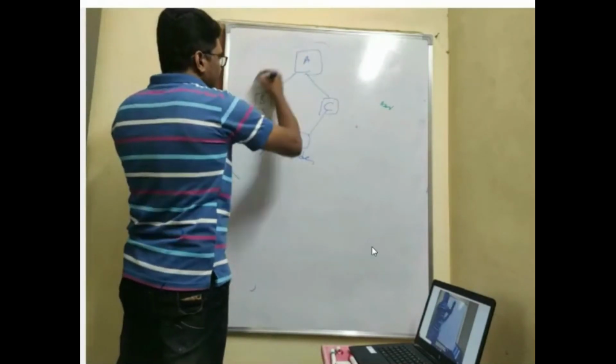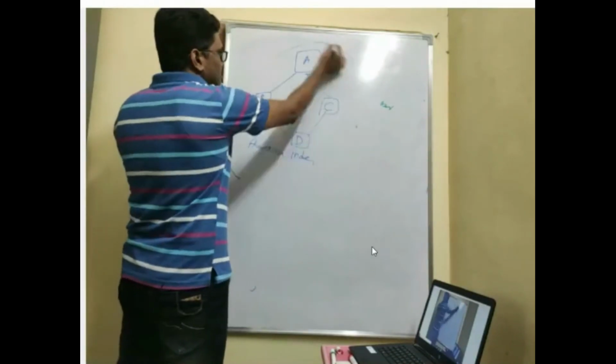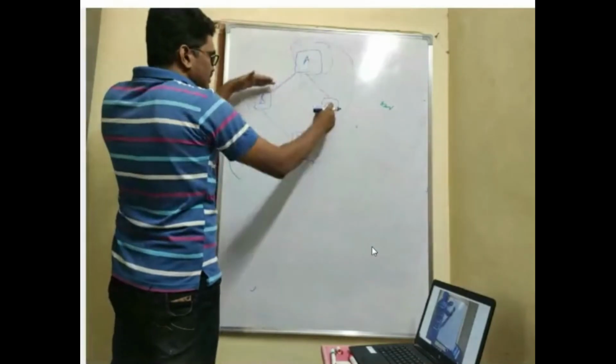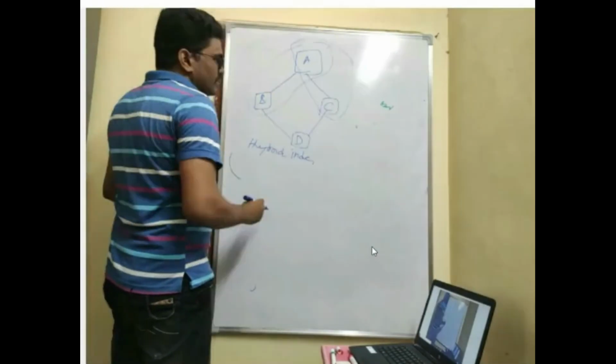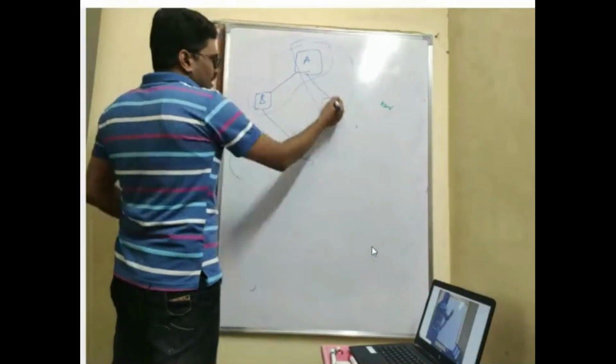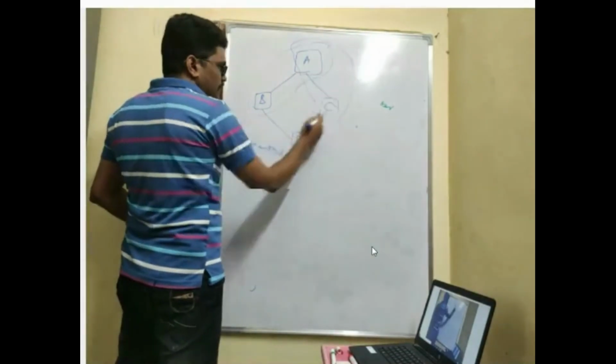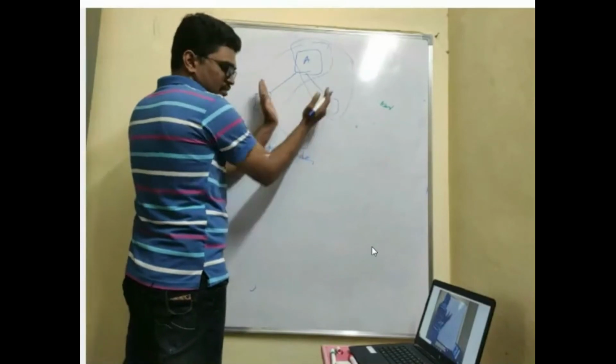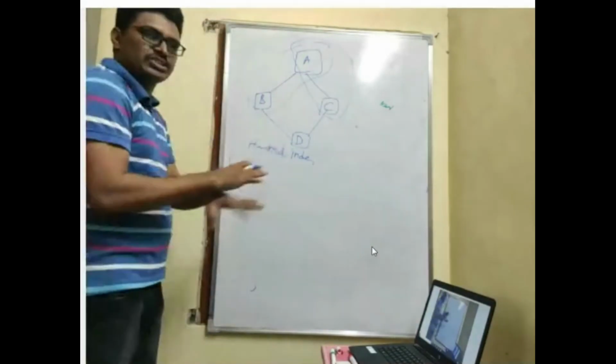If you see here, it is single inheritance. If you see like this, it is hierarchical inheritance. If you go like this, it becomes multilevel inheritance, and if you go like this, it is multiple inheritance. It is a combination of all the inheritances.